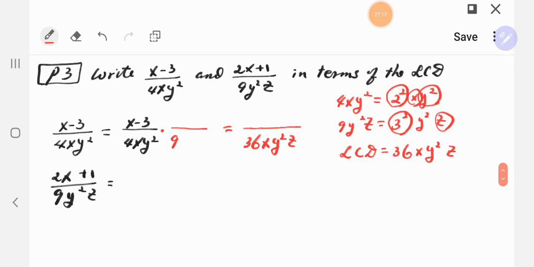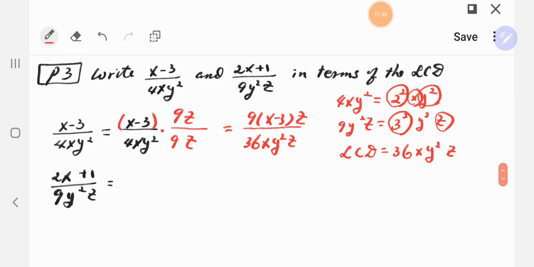And x, we have an x, and the y squared, we also have y squared, and we need z. So the denominator becomes the LCD. Since we multiply the denominator by 9z, multiply the numerator by 9z as well. So the numerator will be 9 times x, and then z. So that is the fraction in terms of the LCD.